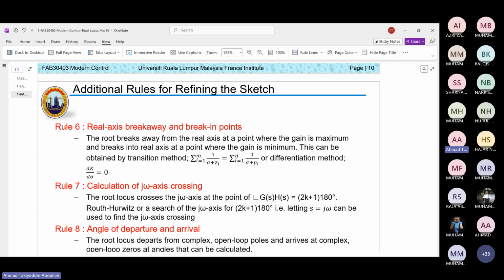In actual fact, this break-in and breakaway point is just the equation that we use to find the point at which k itself will change the shape of the locus from a straight horizontal line to a curve in the root locus.